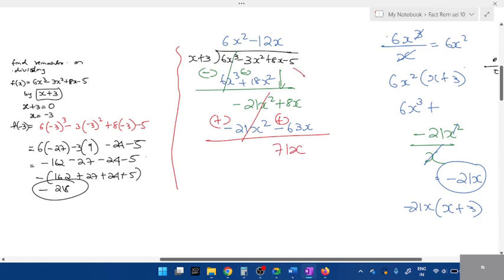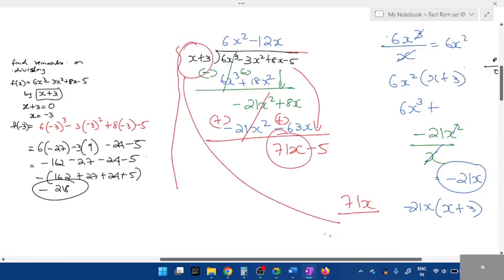What's the last number left? Minus 5. Again, start. Which one do you have to divide, students? What's the new value? Yes, 71x divided by x. So you get plus 71.